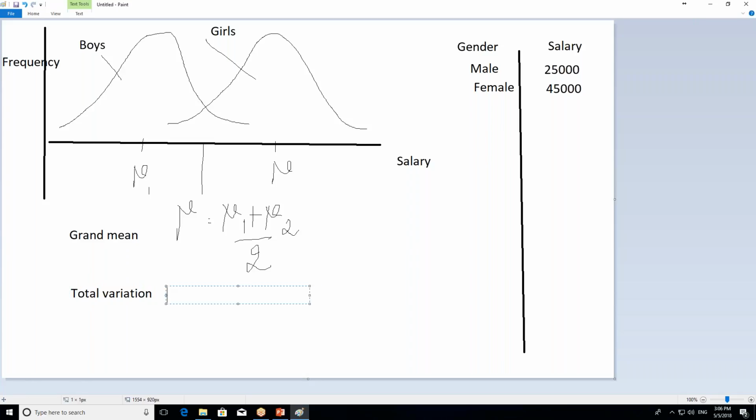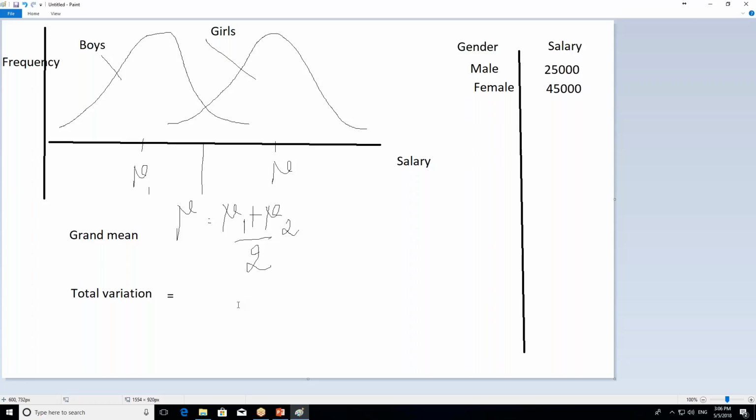Can somebody say? The sum of all variances, from the grand mean.